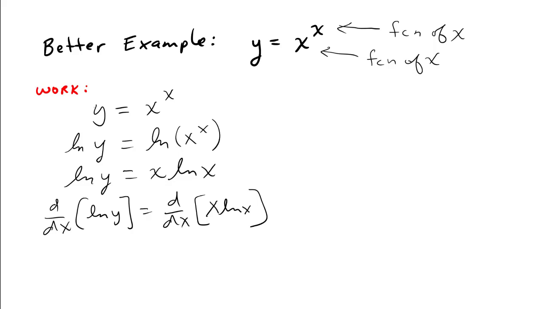Okay, so again, I've set up an implicit differentiation on the left there, but it's always the same here because I'm always doing the derivative of ln y, so it's 1 over y dy dx.